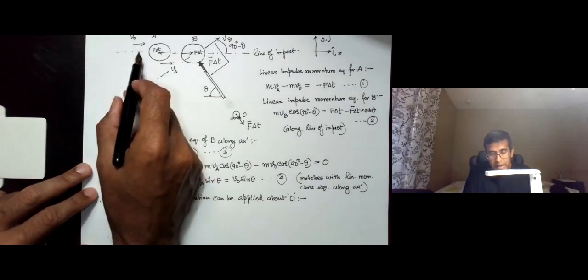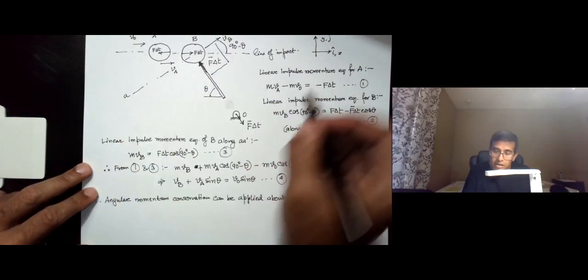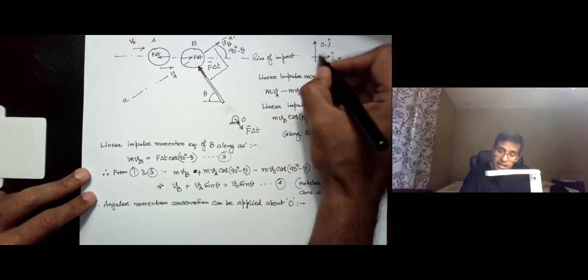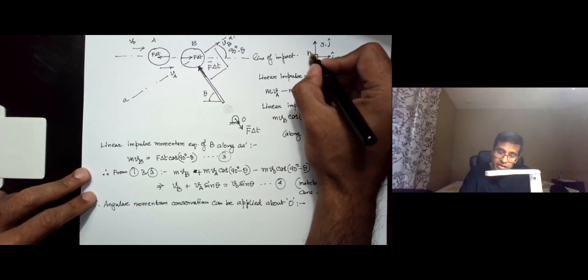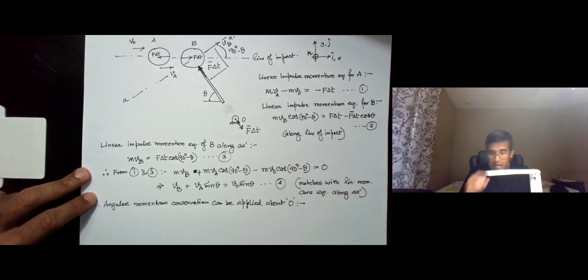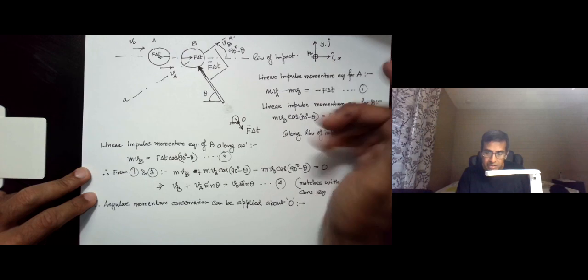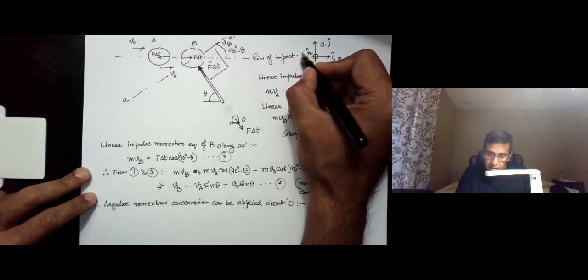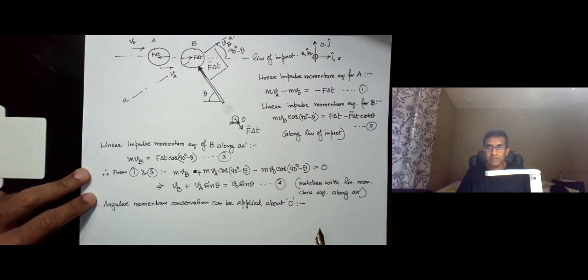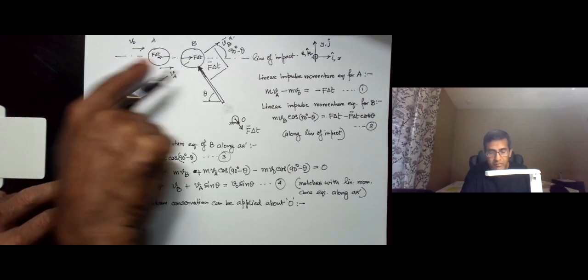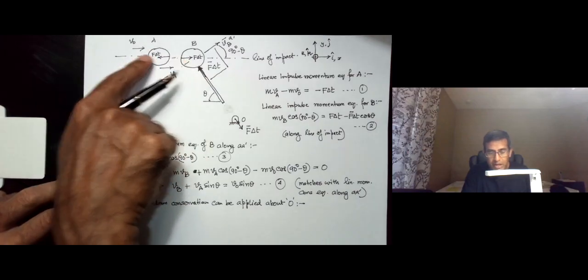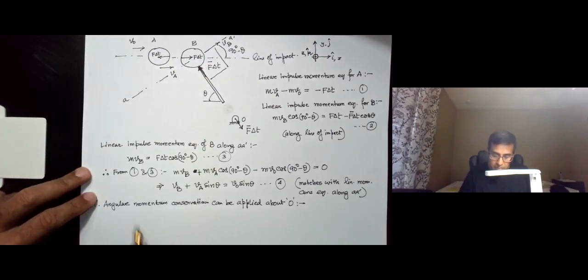And if we apply this angular momentum conservation, let's see what is the initial angular momentum. A is moving with a velocity v0. If we say that this is i, j, and k is pointed upwards, then all the angular momenta are going to be perpendicular to this page, either in the positive z direction or negative z direction. We represent angular momentum in the positive z direction as positive and the negative z direction as negative. So mv0 is producing a negative angular momentum initially.